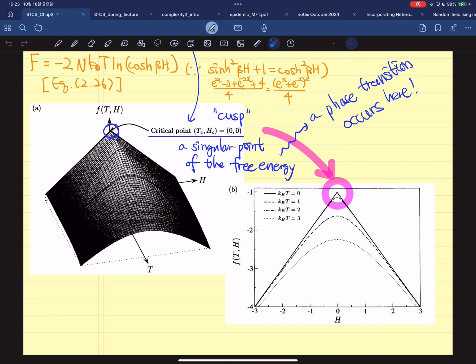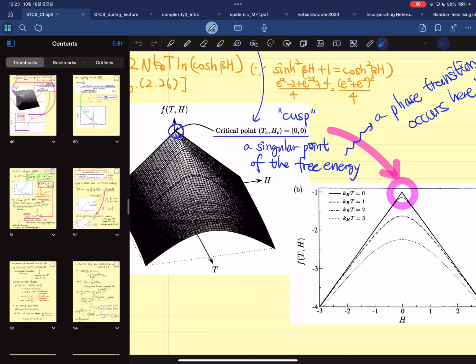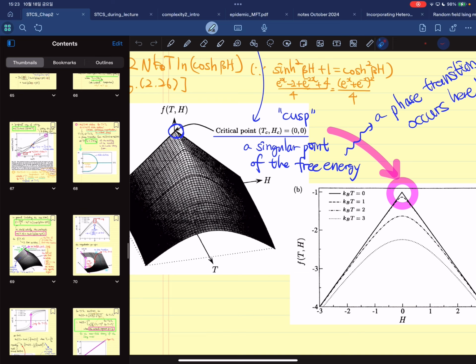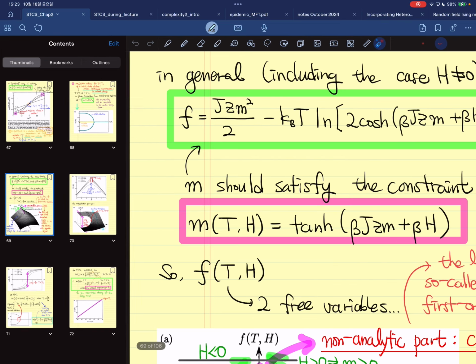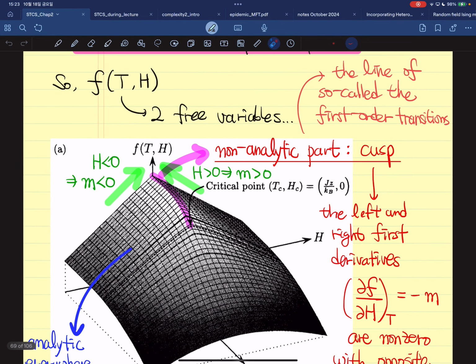But now, not only this point, but there is a series of curves here with this non-analytic part. This is similar to a paper: if you fold this paper like this, you will have this structure. So this is a non-differentiable structure.